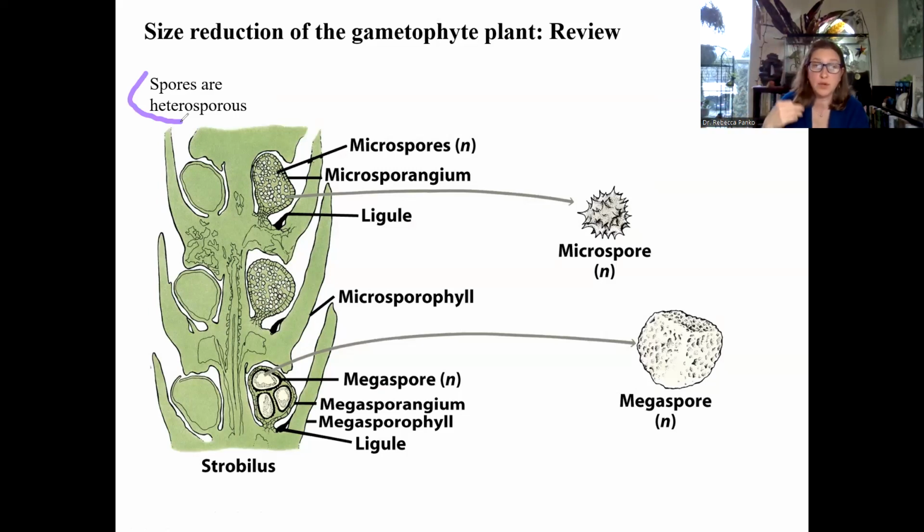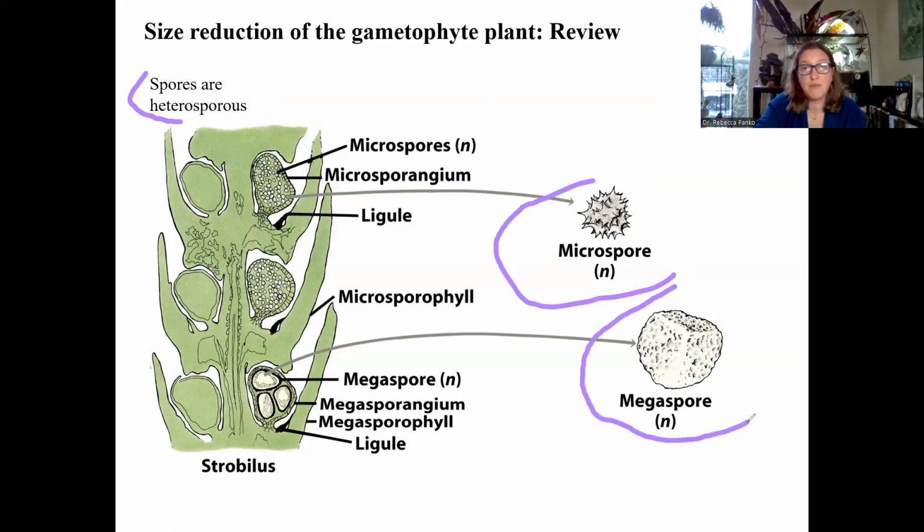So sporophyte plants can produce two different types of spores. What are the types? You have microspores and you have megaspores. And likewise, you have sporangia that make one or the other, right?